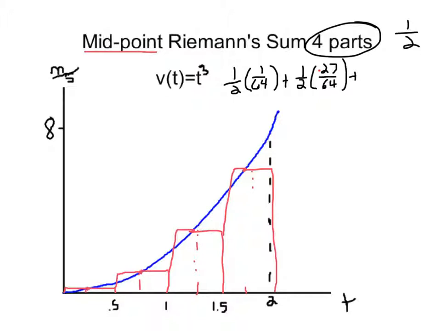The third has width of 1/2 times 5/4 cubed, or 125/64, and the fourth rectangle has a width of 1/2 times 343/64. We're not going to waste time today adding those up. I'm sure that everybody can add those up, but that's how you do a midpoint Riemann sum.